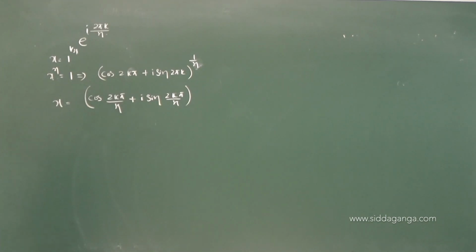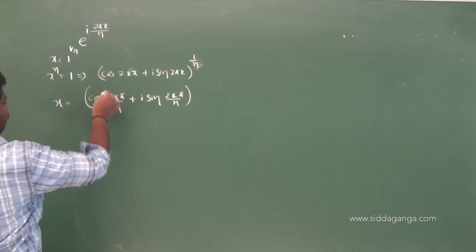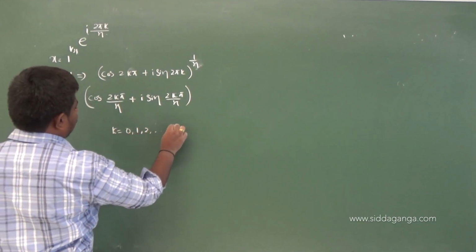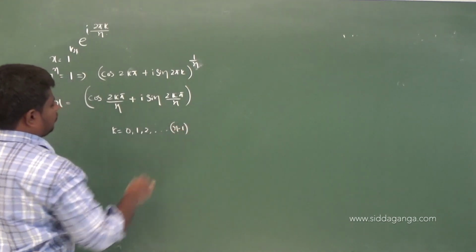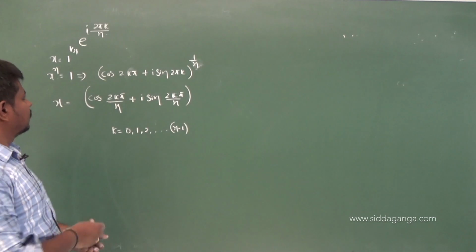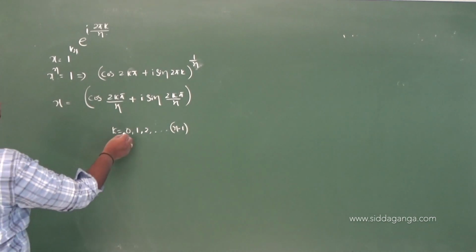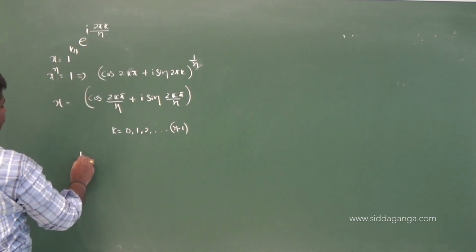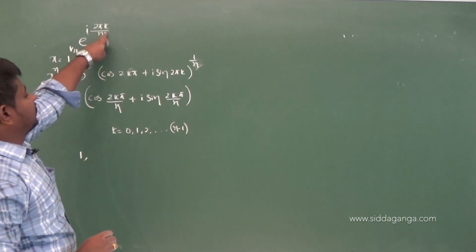Now this is true for k is equal to 0, 1, 2 and so on till n minus 1. So if k is 0, you get the first root as e power of 0, you get 1.